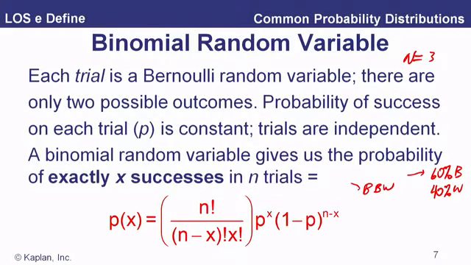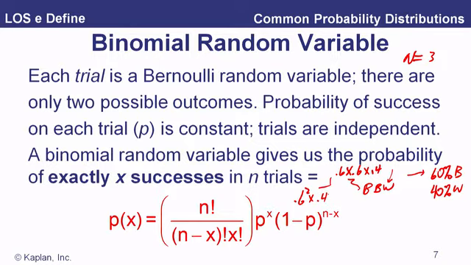So the probability of that is 0.6 times 0.6 times 0.4: the probability of a black one, times the probability of a black one, times the probability of a white one, 40%. We can rewrite that as 0.6 squared, because there's 2 of them, times 0.4, because there's 1 of them.